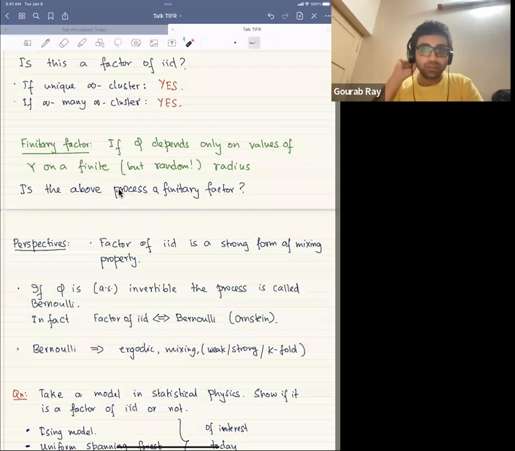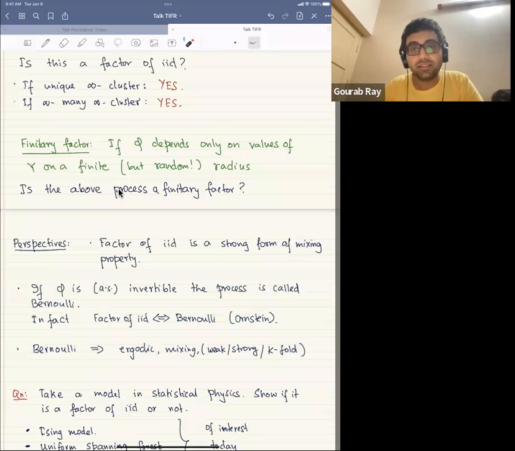Okay. So let me give you one example. On a tree, if you take the Ising model at very low temperature with plus boundary condition, you also have a unique infinite cluster of pluses.